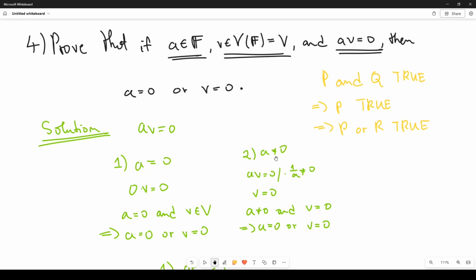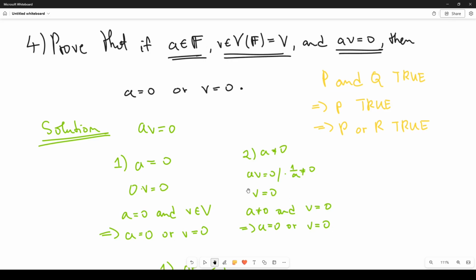Now let's suppose that a is different from 0. Well, if a is different from 0, then I can multiply both sides of this equality by the multiplicative inverse of a. So I'm just going to multiply by 1 over a, which we're guaranteed is different from 0, and we get that the vector v has to be equal to the 0 vector.